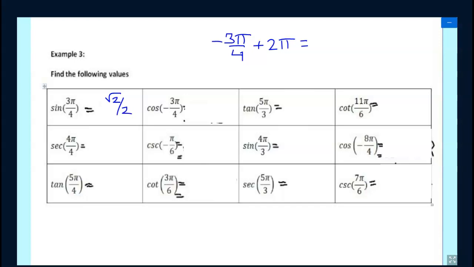And again, we get that positive 5π/4, which exists in quadrant 3. So cosine of negative 3π/4 is equal to the cosine of 5π/4, which is equal to negative root 2 over 2.